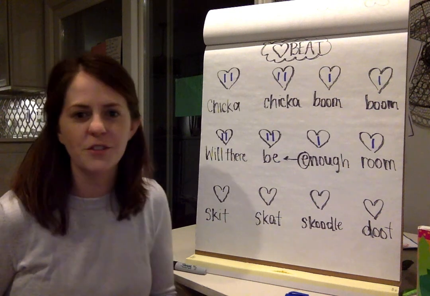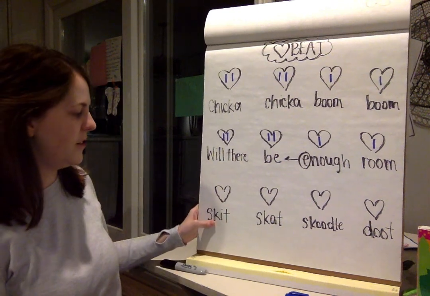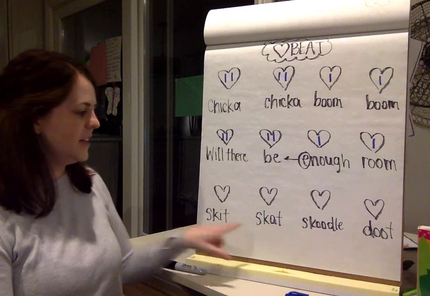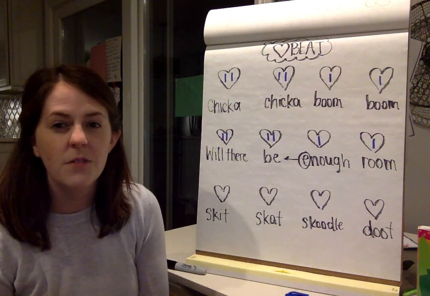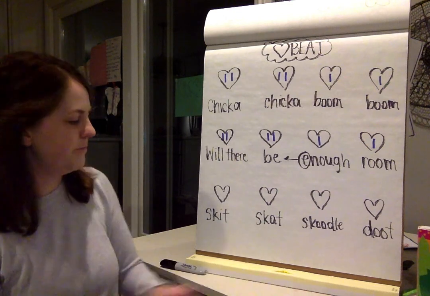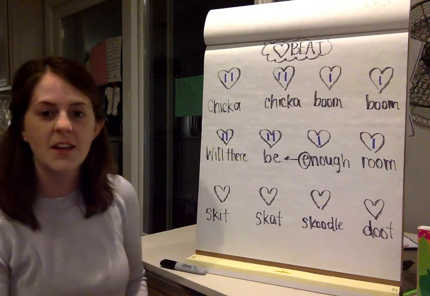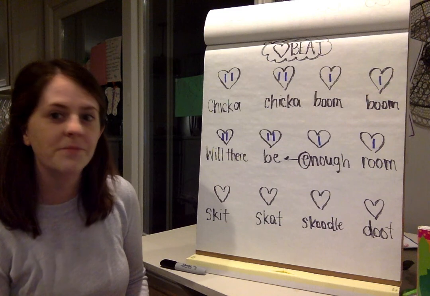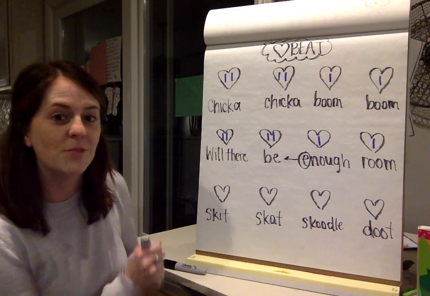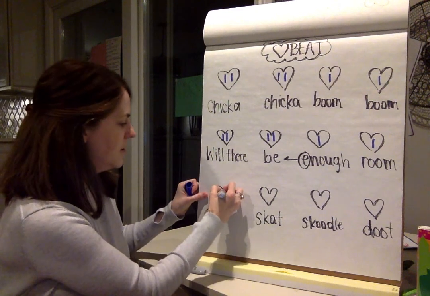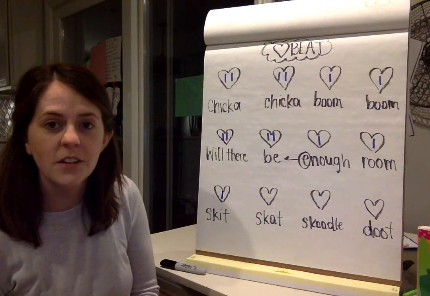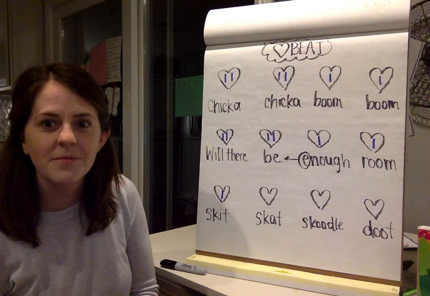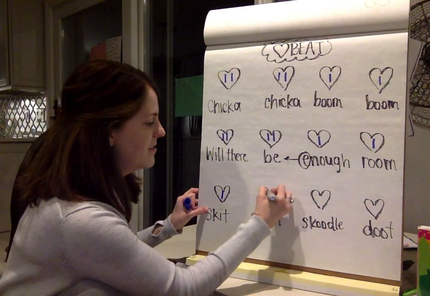Now here's your turn to try to figure out one on your own. I'll give you a minute. Skit, scat, scoodle, doot. Let's see if you can figure out the rhythm for that. Skit. How many sounds do you hear? That's right, 1 sound. Scat. How many sounds do you hear? That's right, 1 sound.